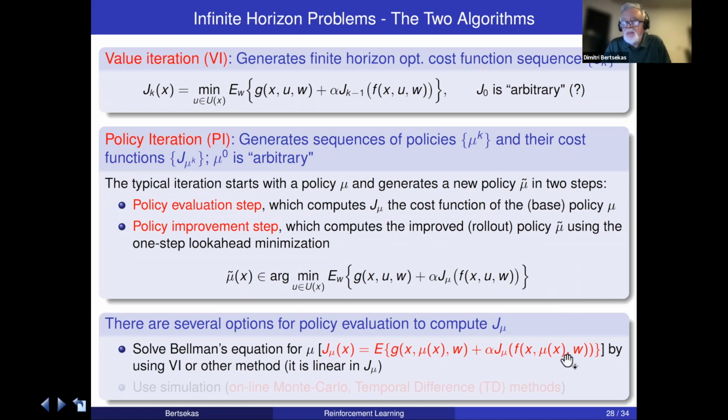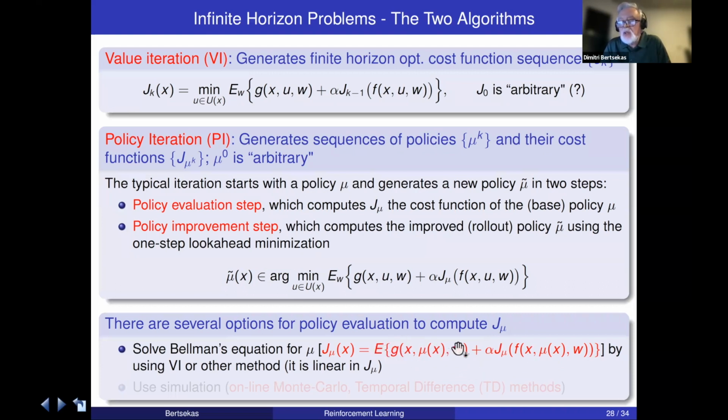And why is it linear? Because the J mu components are here, and we take the expected value of those with respect to W, and the expected value is a weighted sum, weighted with the corresponding probabilities of W. So the expected value operation is a linear operation.